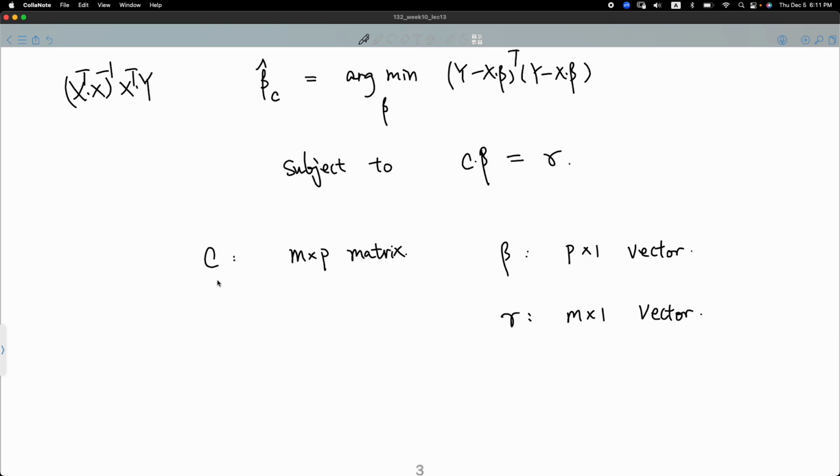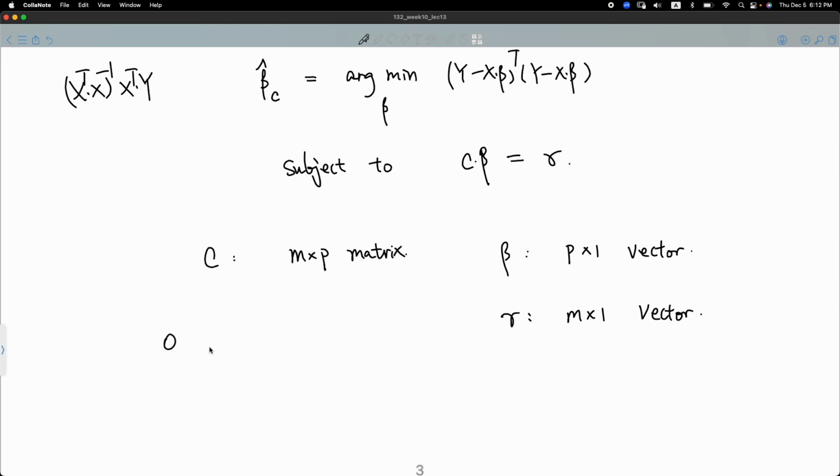So not only do you want to fit a model to learn the beta from the data, you also want to impose some constraint on the coefficient. Let me just make up one example.